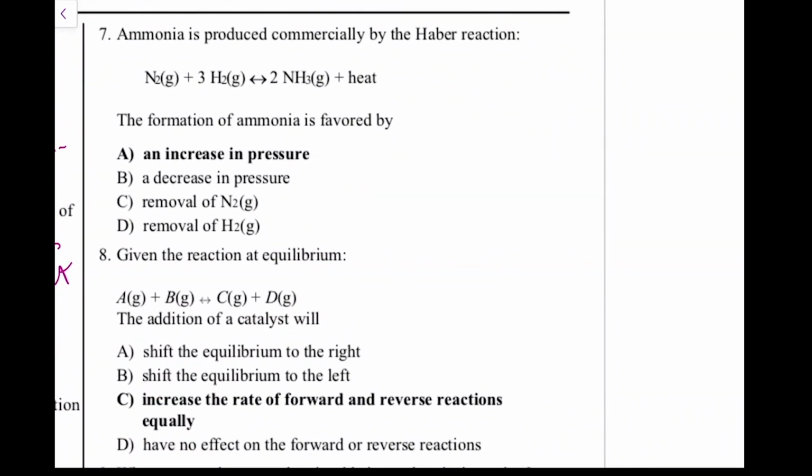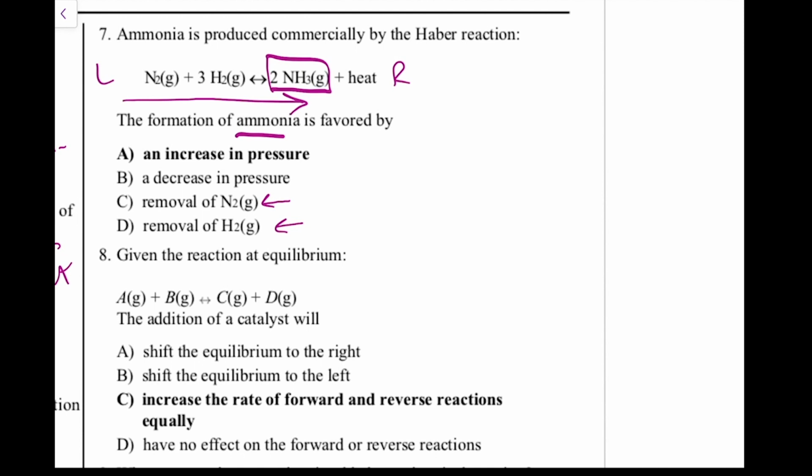Number 7, the formation of ammonia. You want to make more of that side, so that means you want to shift towards that side. The pressure ones take a little more time to explain, so let's jump down to C and D. If we remove N2, that means the left side is weaker, and you're moving towards it, which is moving the wrong way. Same thing if you remove H2, because you want to move towards that NH3.